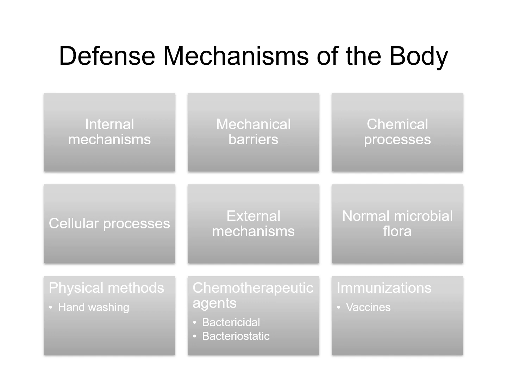Okay? So our defense mechanisms. We have internal mechanisms, mechanical barriers. So some of the internal mechanisms are like your stomach is always filled with acid. That's a chemical process and an internal mechanism. A mechanical barrier is the mucus lining of your respiratory airway and the cilia that moves the mucus out of the lungs.